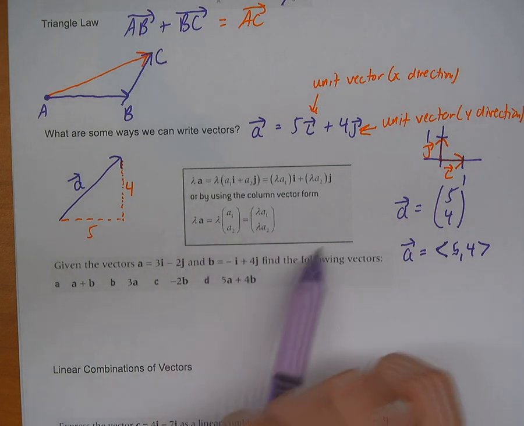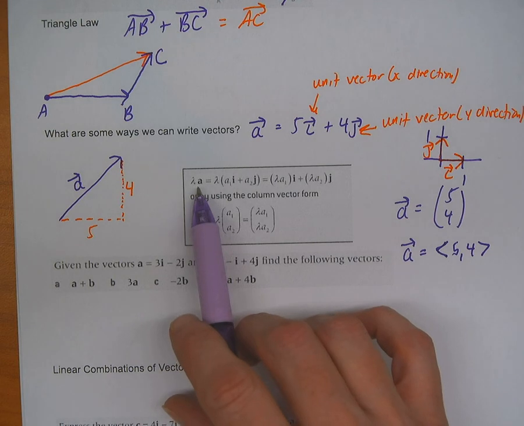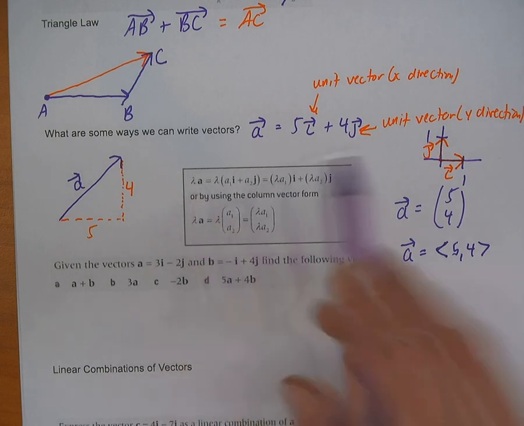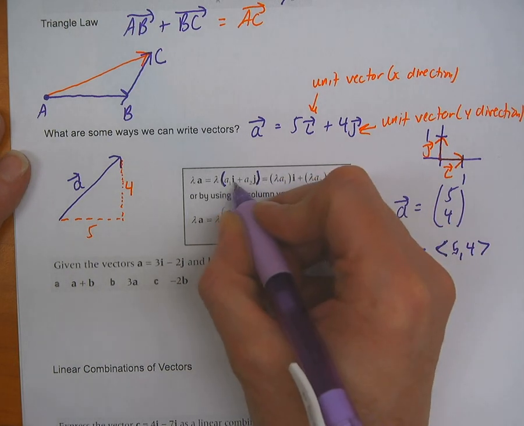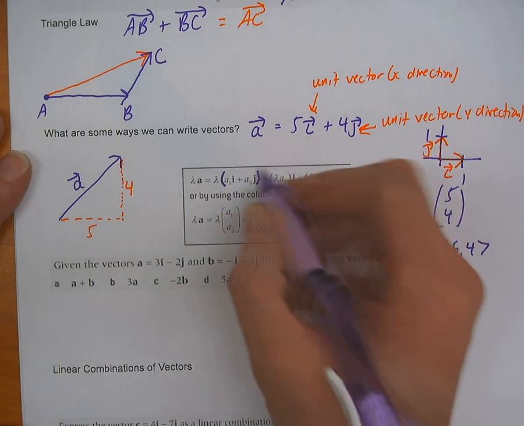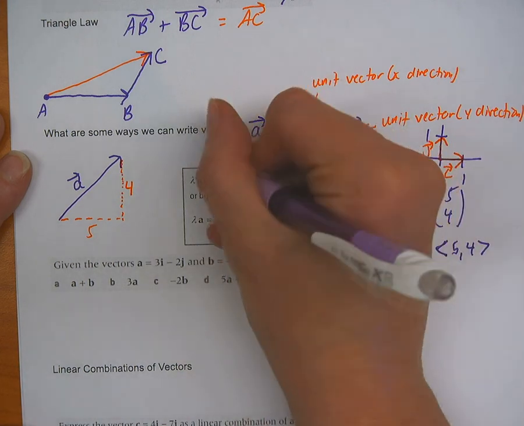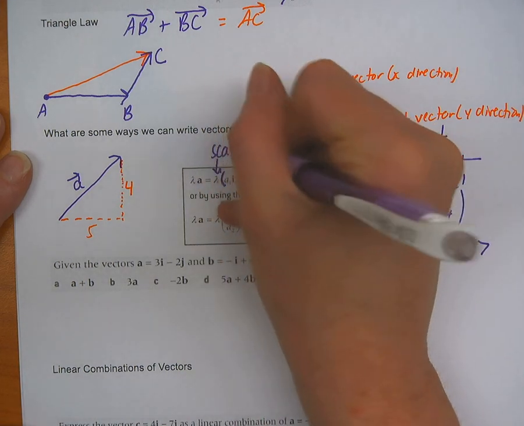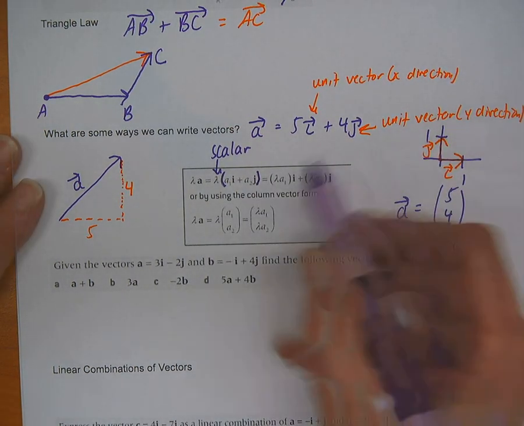There's a little box with some information here, and all that this is saying is that if you have a vector A, it would be written with some scalar times i, like 5i, for example, and some scalar times j, so 4j, and maybe there's another number in front, like a 2 or something. You can just take that 2 and multiply it in.